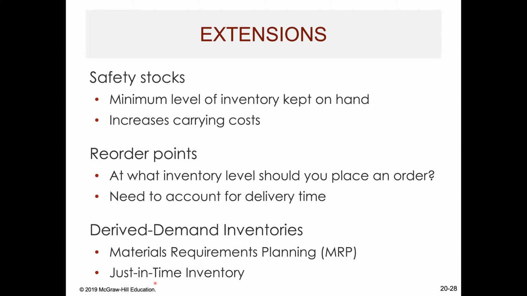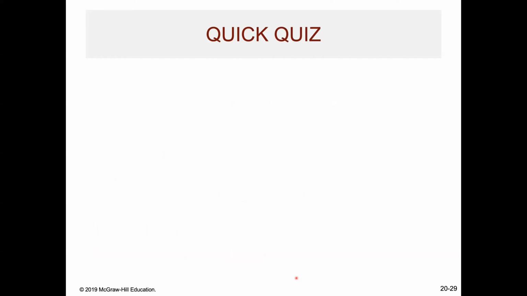And then just-in-time inventory. Sometimes you'll hear it called JIT inventory. Just-in-time inventory is what we practiced as electrical contractors. We would order just the night before and have it delivered just in time, the day that we needed it. So it limited carrying costs significantly.